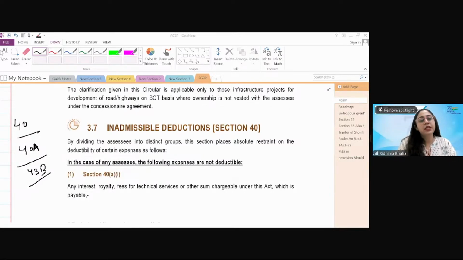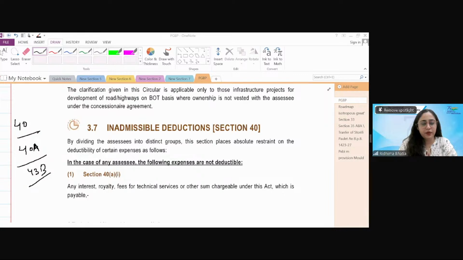So first of all is disallowance for the TDS default, which is covered under my section 40, clause A subsection, or 40 clause A subsection, sub clause 1. ठीक है, or I say 40AI, some say 40AIA, both are correct, okay?